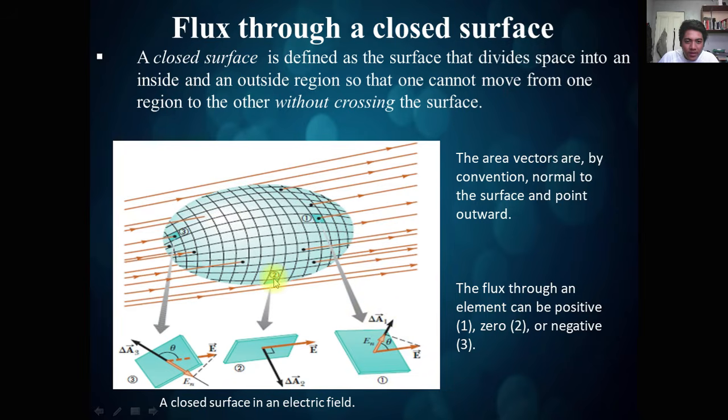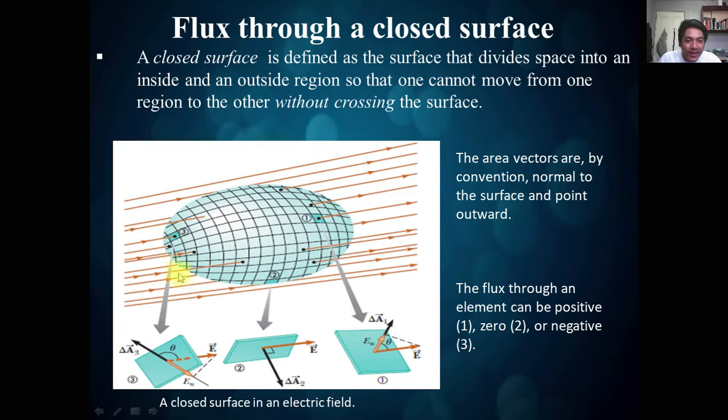If you look at this segment of the closed surface, you get a small plane here. The area vector is in this direction and the electric field is in this direction. So the angle between the area vector and the electric field vector is 90 degrees. What do we expect for the flux here? Yes, that's correct, it should be 0.